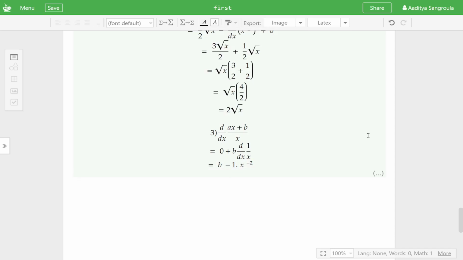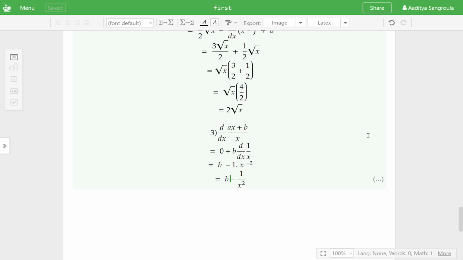So this is going to be b and then minus 1 over x squared.